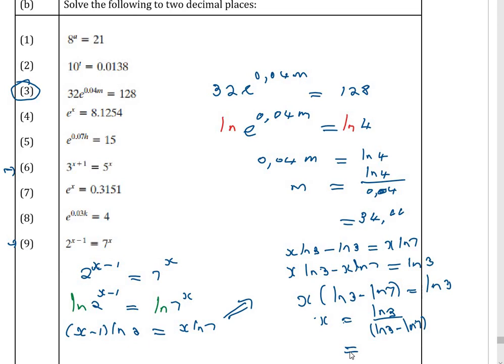And that gives me, it looks like negative 1,3. Let me just put that negative a little bit better there. Okay, so that is negative 1,3.